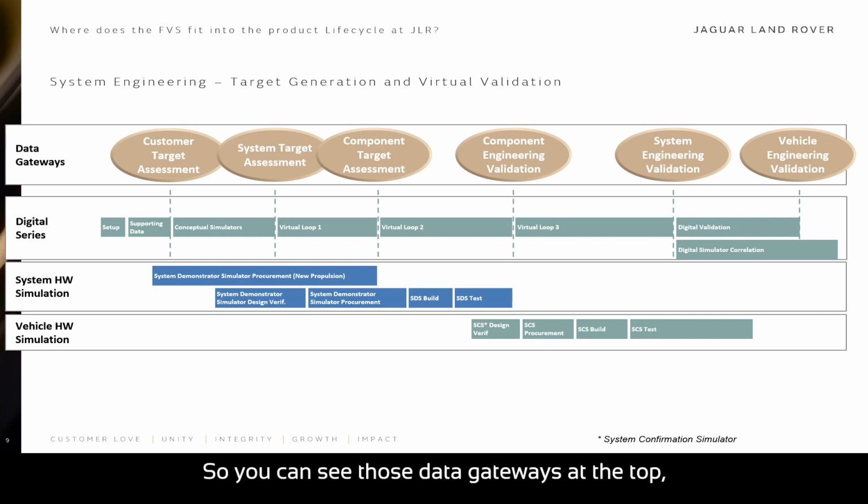You can see those data gateways at the top, which are the ellipses we saw before. Beneath that we have a digital series, where the CAE loops supply the data that's required at the data gateways. Beneath that we have the system hardware and vehicle hardware provision.